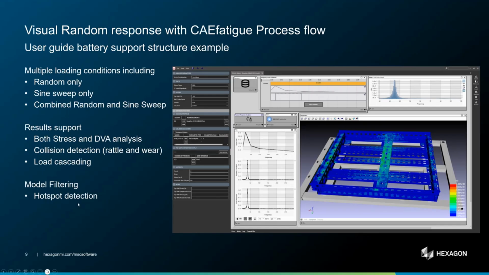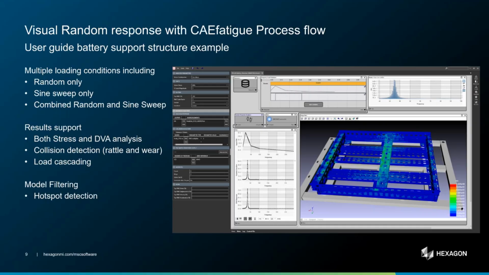I put here hotspot detection, but in reality, we have a number of tools for filtering, which means we can decide on the fly that we're only going to look at a smaller part of the model. This might be a two-step process where you do a pre-filter and a coarse frequency response analysis, and then go in a very refined manner to get a more correct answer.